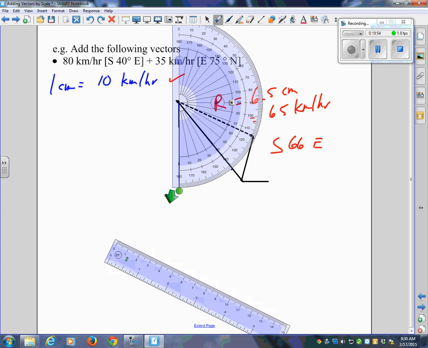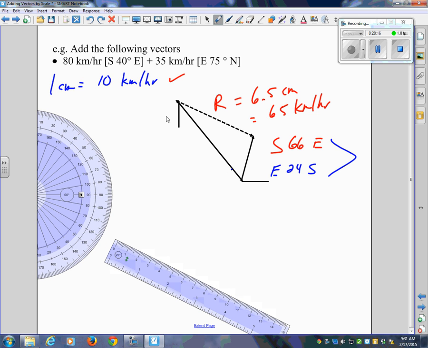Now what if you measured from east? Well, then it would be east 10, 20, 24 south, right? Either one of those would get you the mark on the test. I suggest measure from south because you've already got the reference line. So if I put 25, is that wrong?